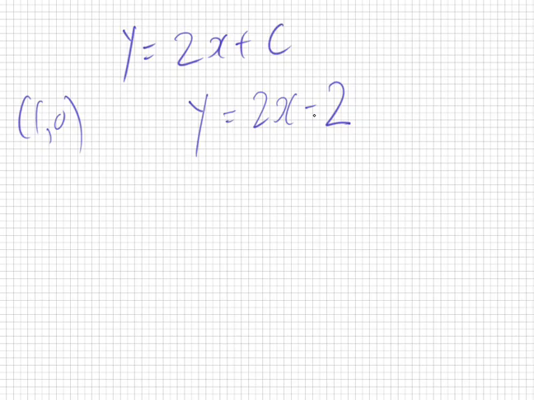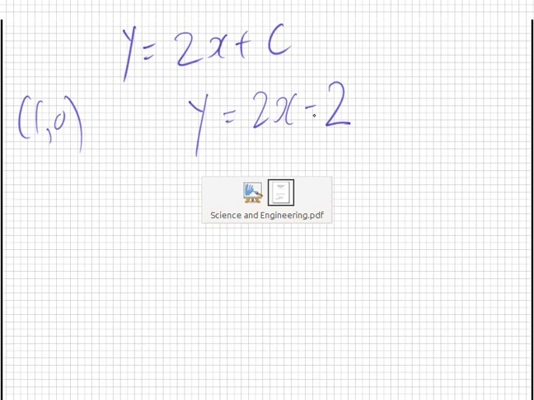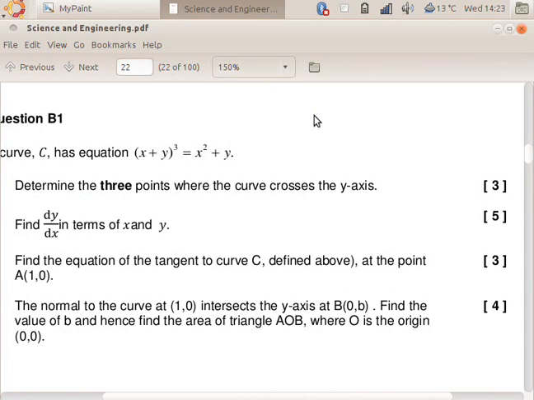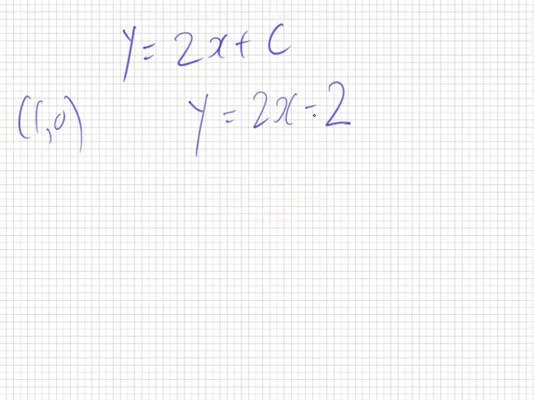Now let's see what they're asking us though. So they said the normal at this point intersects the y-axis. Find where it intersects the y-axis. So the next part now is, where does this intersect the y-axis? Well, yeah, what's it? Minus 2, because that's that part there.